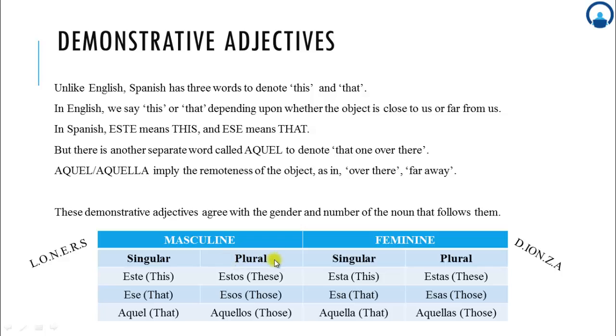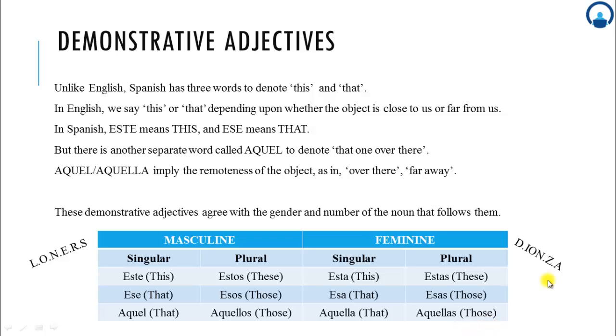For plural, it is estos, that means these, esos means those, and aquellos means those, the far one. For feminine singular, esta means this, esa means that, and aquella means that one over there. And for plural feminine, it is estas, these, esas, those, and aquellas means those, the far one.